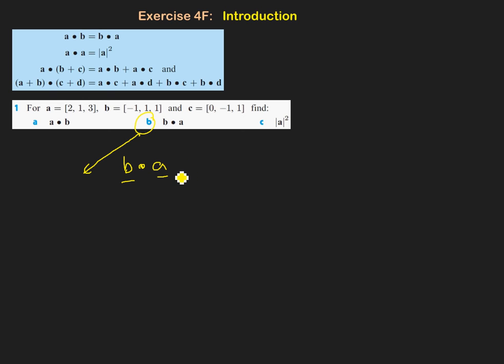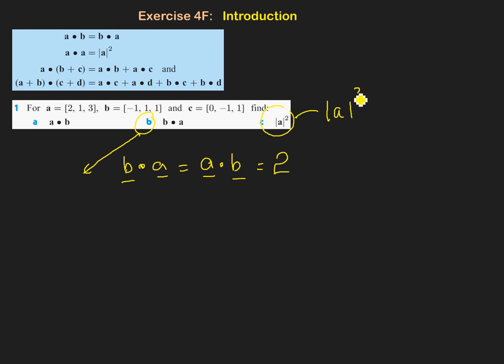Although it is simple, according to this property, B dot A is equal to A dot B. We have already calculated A dot B earlier, and if you recall, the answer was 2.